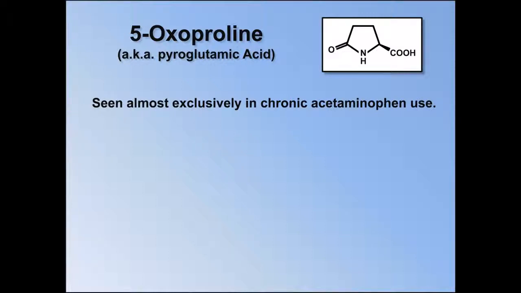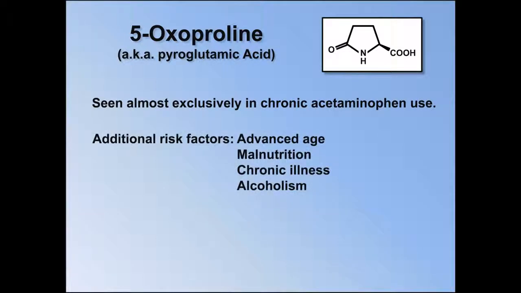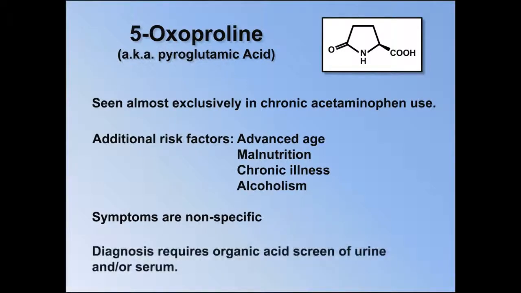Additional risk factors for developing oxoprolinemia include advanced age, malnutrition, chronic illness, and alcoholism, all of which are associated with low glutathione levels. The symptoms and signs of oxoprolinemia are the nonspecific consequences of a severe metabolic acidosis. Diagnosis requires an organic acid screen of the urine and/or serum, which can take weeks to be resulted.